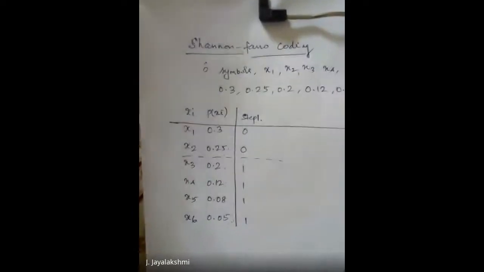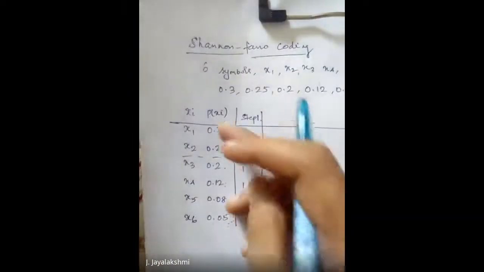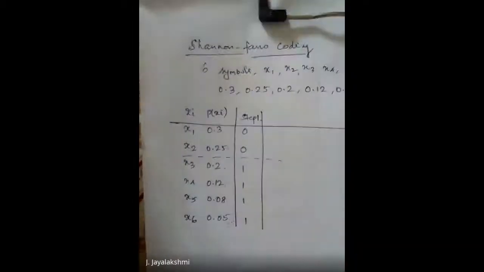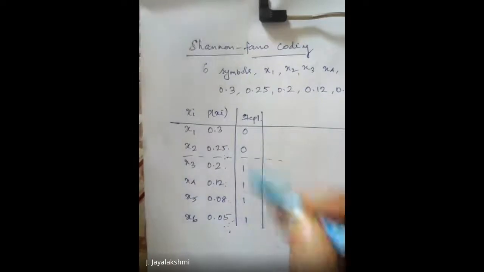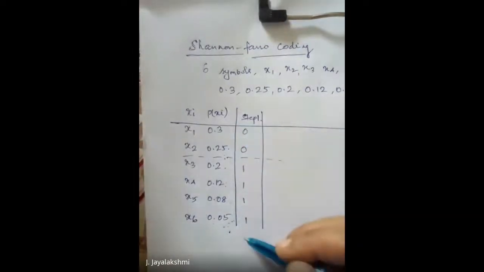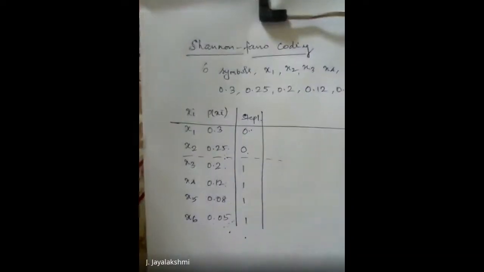Check the probabilities and try to split them into two parts that are close to equal probability. We have seen the first two total 0.55 and the second half is 0.45, so almost they are equiprobable. Split that into two partitions. For the above partition assign 0 as the code word, and for the below partition you assign 1 as the code word.